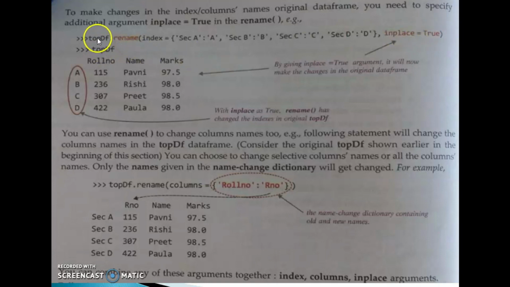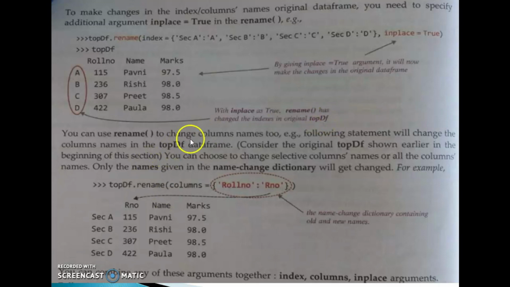When we are outputting this top df, we can see the section A, section B, section C, section D. These all index values are changed to the new value A, B, C, D. By giving inplace equal to true argument, it will now make the changes in the original data frame. With inplace as true, rename has changed the indexes in original top df. Okay, clear?